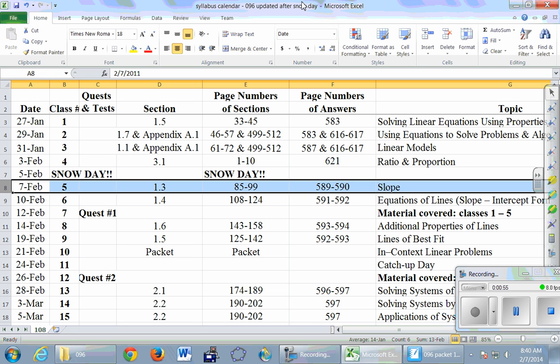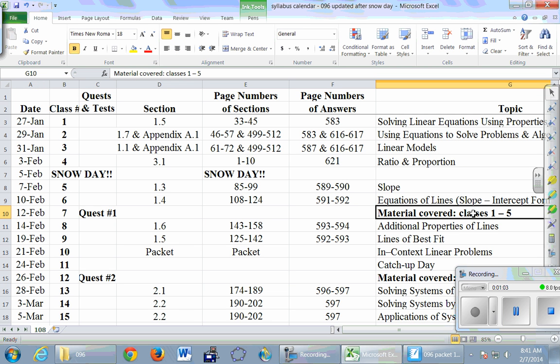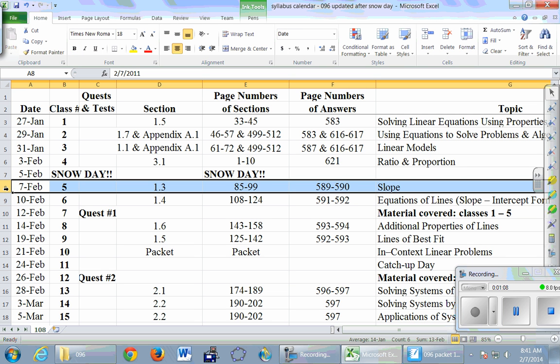Any questions on the change in the calendar? And one last thing about that quest, the material for the quest, you can see here, says classes 1 through 5, which goes up until today. Monday we'll do some new stuff, but that new stuff is not going to be on that first quest, right? Okay, so that is that.